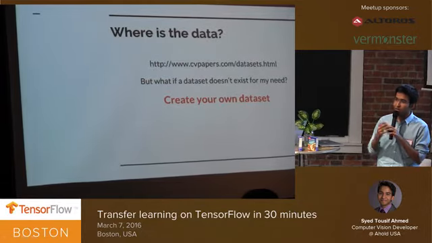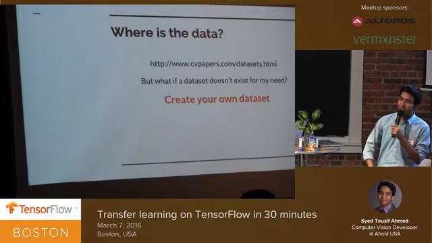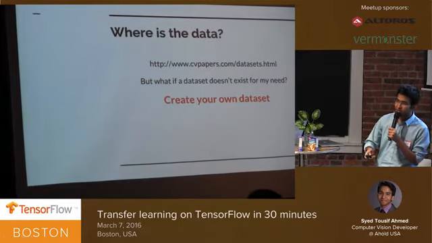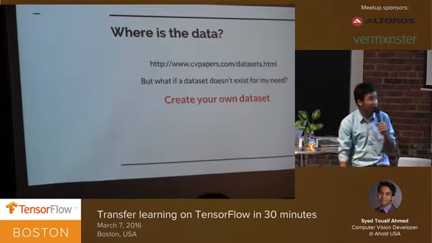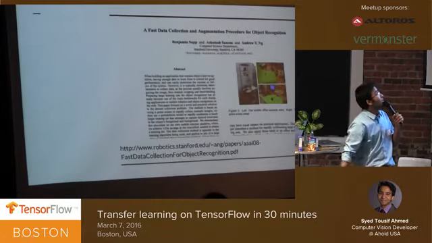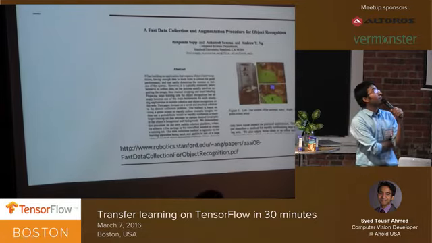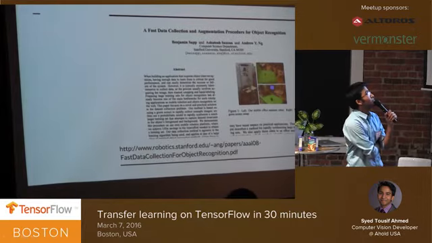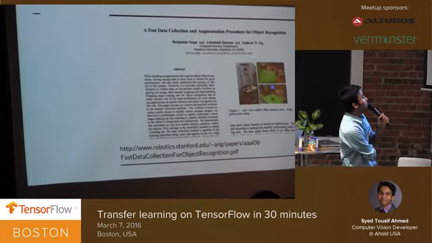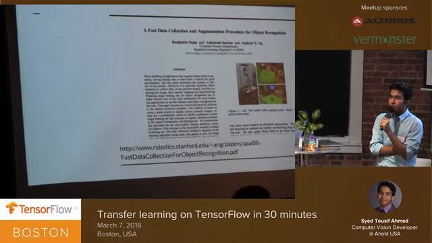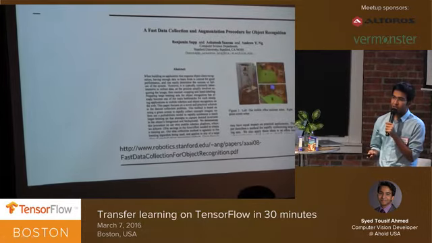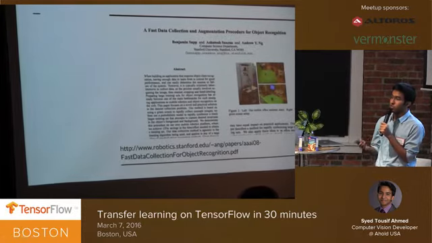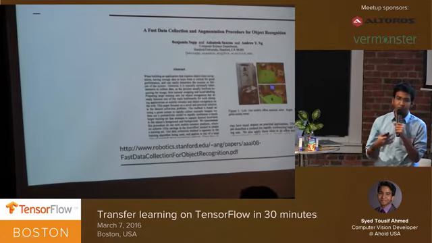You can use that. Or you can do what I did: I produced the dataset by myself. And how I did that, I want to share with you. This paper is by Benjamin Saab, Ashutosh Saxena, and Andrew Ng, and it talks about how to produce data for neural networks.